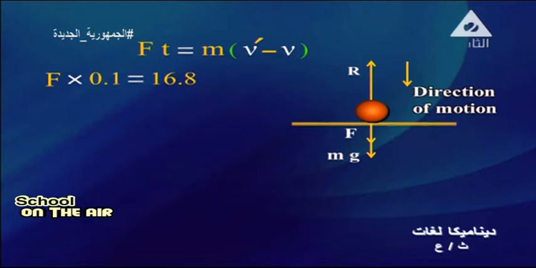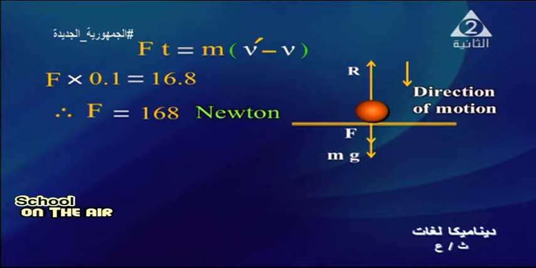Then F times time of contact, which equals 0.1 second, equals the change in momentum, which equals 16.8 Newton second or kilogram meter per second. Then the force equals 168 Newton. The impulsive force equals 168 Newton.